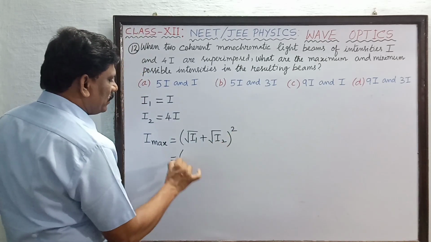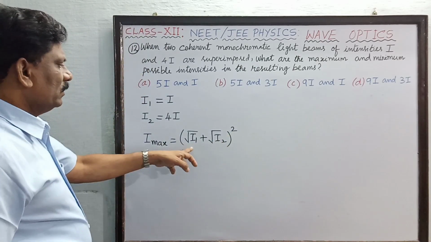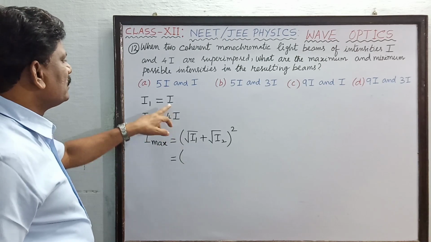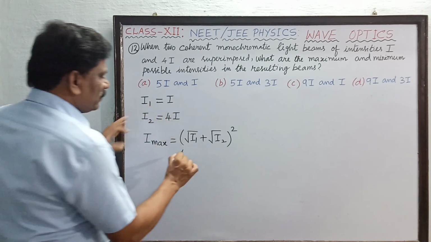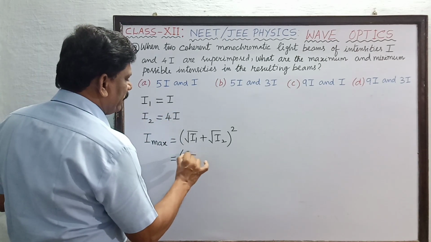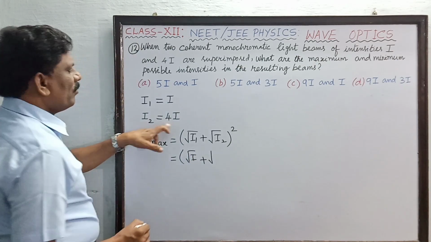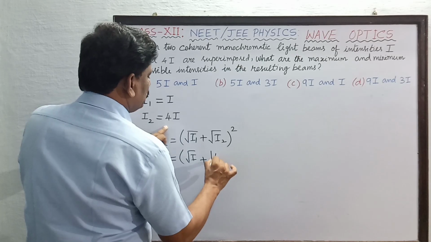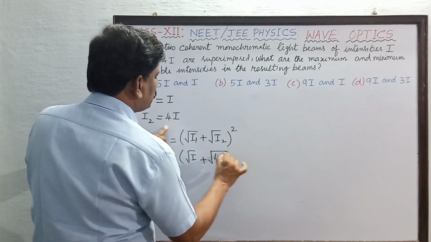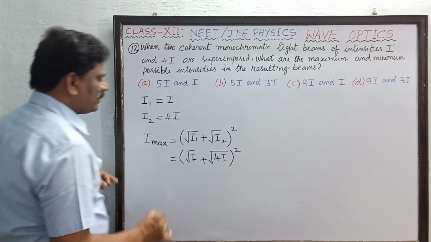So this is equal to square root of I1, which is root I, plus square root of 4I, the whole square.